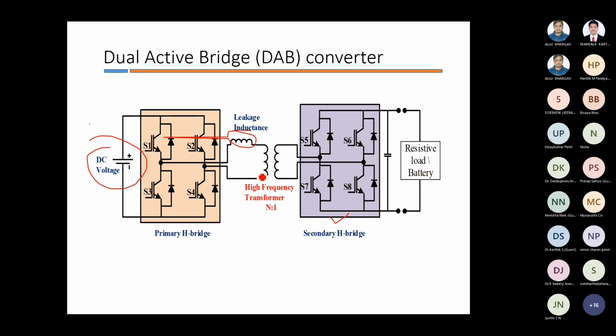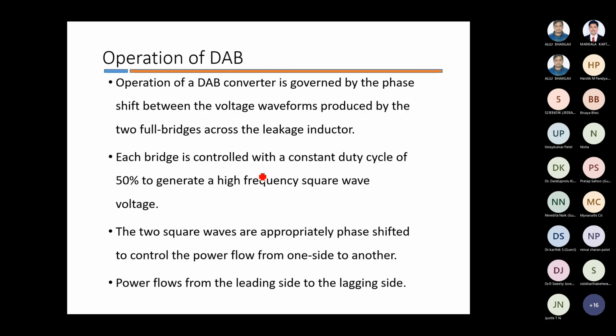Now let's go to the operation of the dual active bridge converter. We know that the operation is based on the phase shift between two voltage waveforms produced by the two bridges.